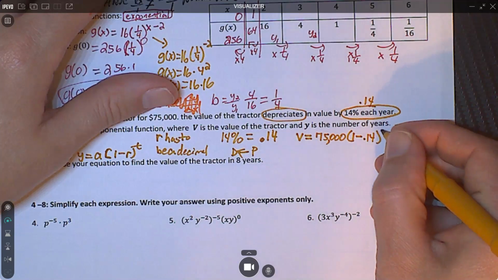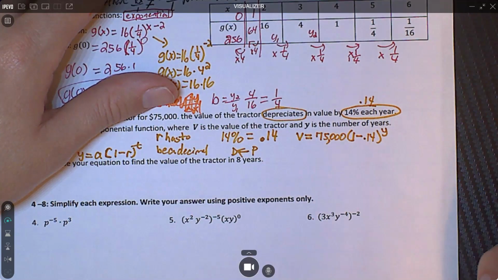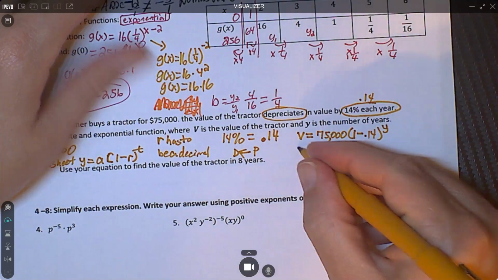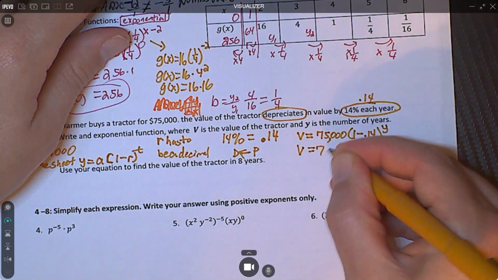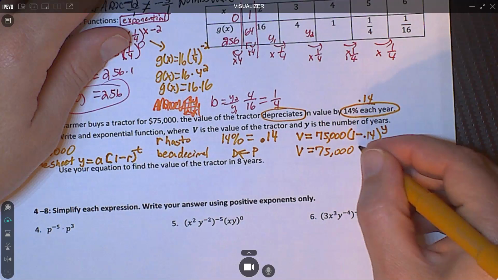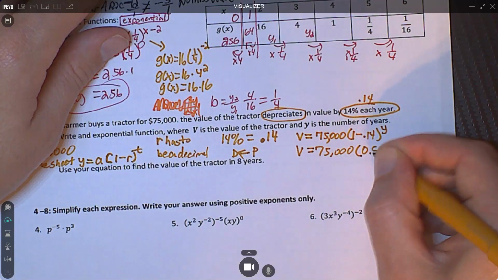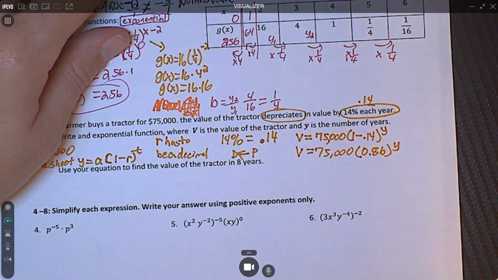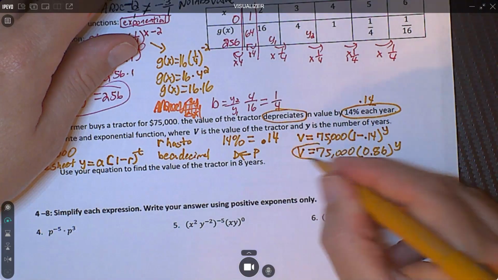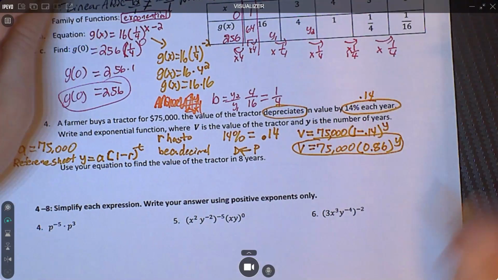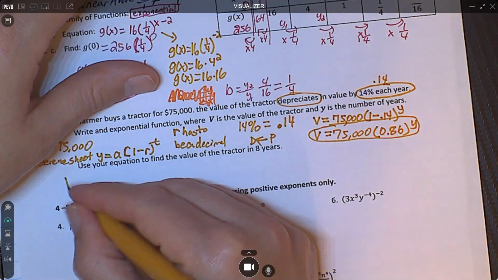So instead of t, they want us to use y for years. So here we have v 75,000 and 0.86. I always make you simplify it to that. Okay, now you are going to have to use the calculator for this.